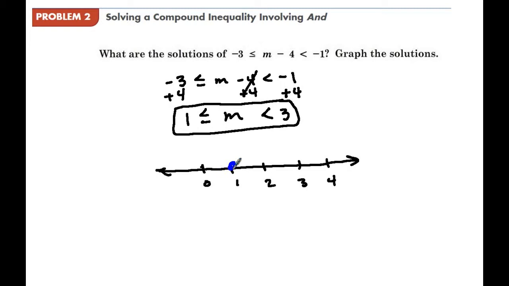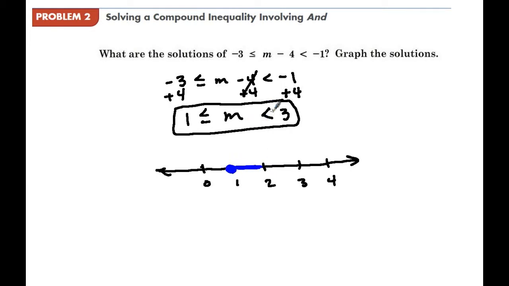Let me do that a little bit better. That was kind of messy. So closed circle, m has to be bigger or equal to 1, so I'm going to be shading this way.